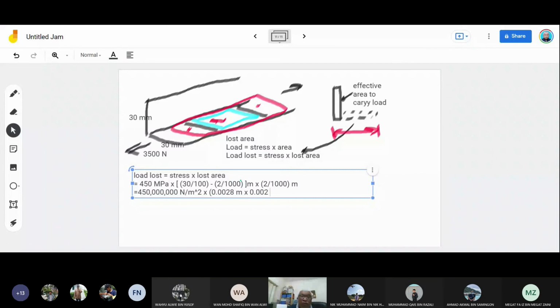0.002 meter. Don't be lazy to do step by step, because step by step will gain you points, and will eliminate potential mistakes in the analysis.